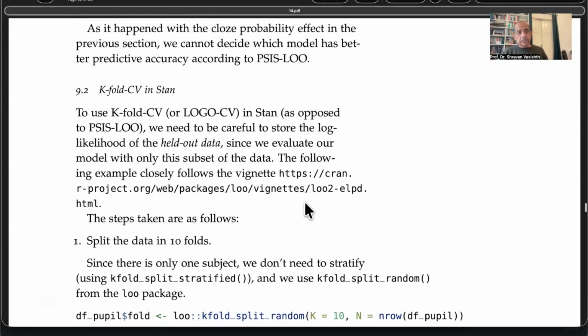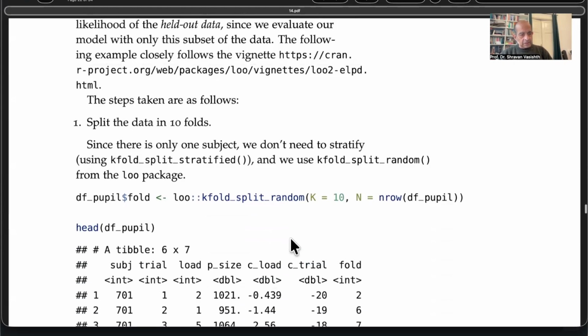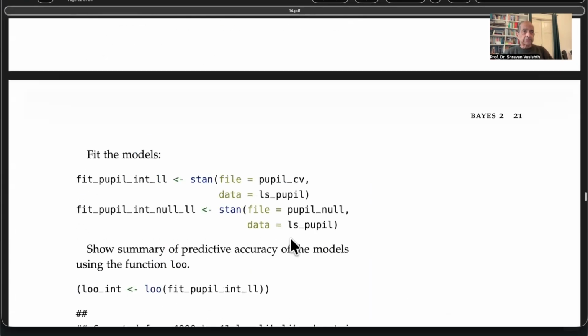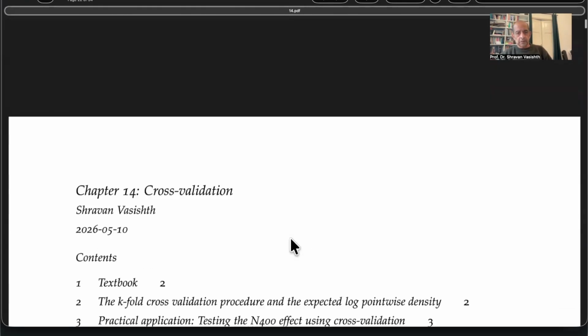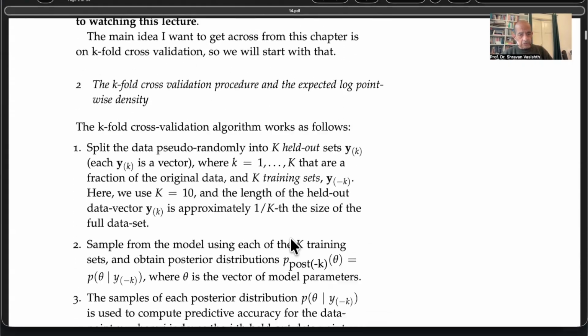Okay, so next we turn to k-fold cross validation, or leave-one-group-out cross validation. So the method is the same for both. So we're going to do the following. This is where you will finally see those equations that I showed you at the beginning of the lecture. Let's go back. Right at the very outset, I had written out all these obscure equations.